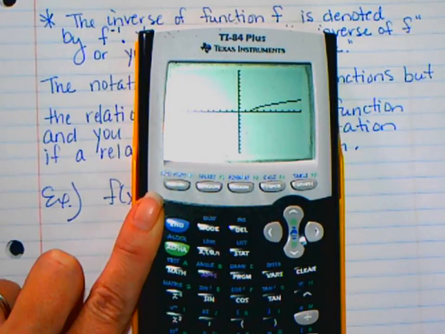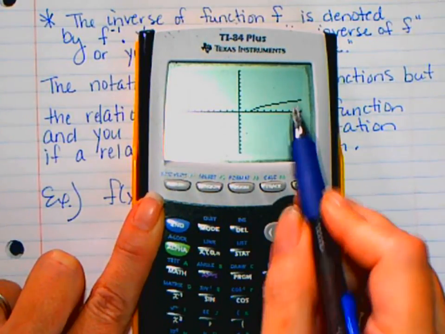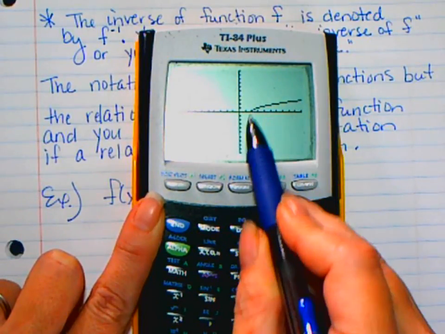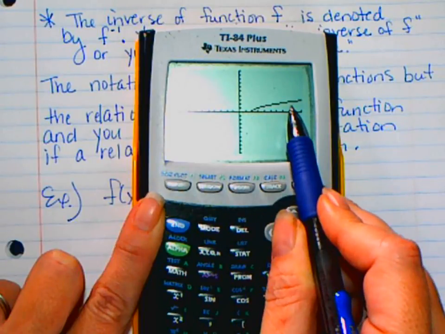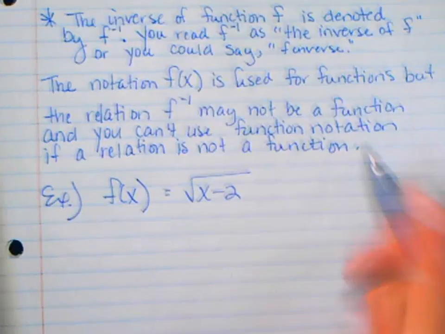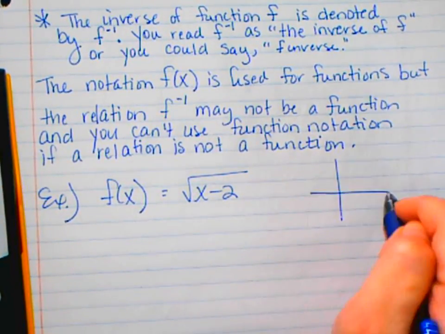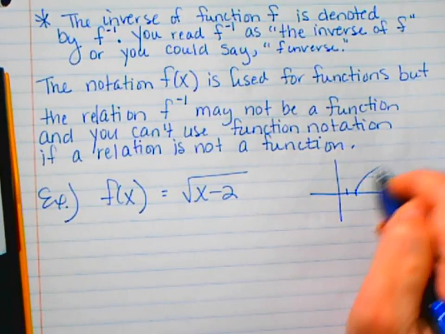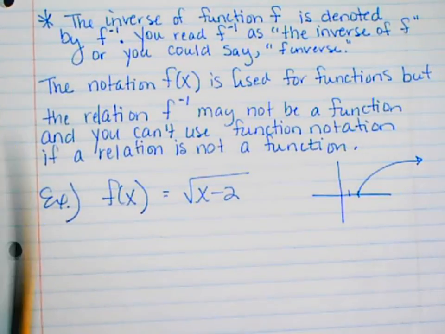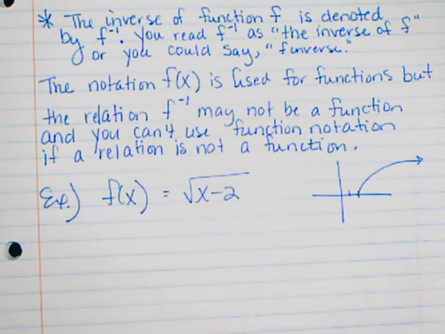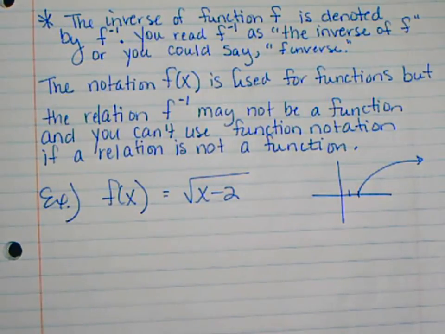If I did plus or minus square root of x minus 2, it would be the sideways looking parabola. So that is a function, because when you graph it, it was just this top part. So that's why it can be okay to say f of x.